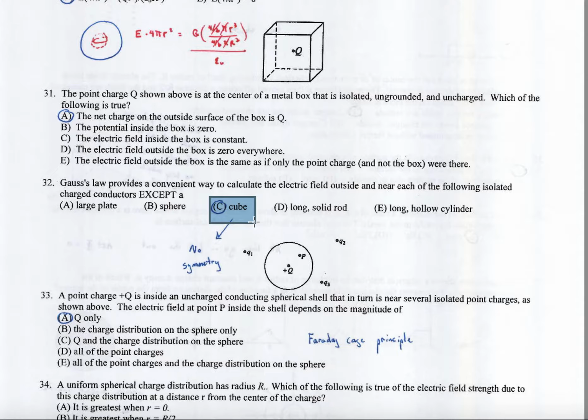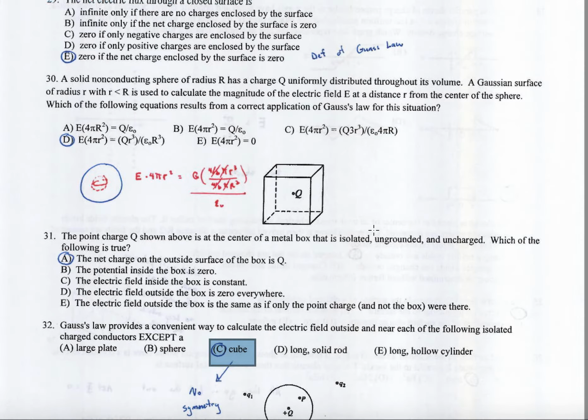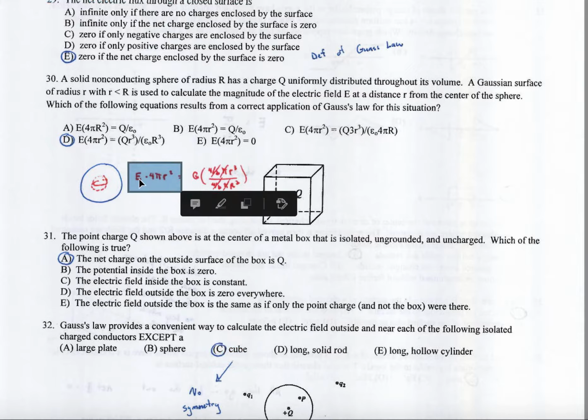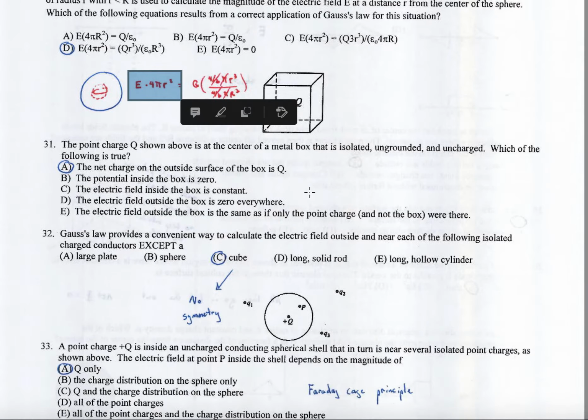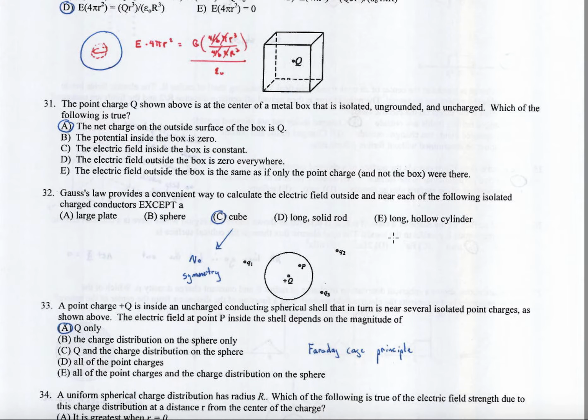Since the E field isn't constant on your Gaussian surface, it's not useful. Again, the integral only simplifies when you can take the E field out of the integral, and then you're left with integrating dA, which is just the surface area. But there's no way you can create a constant electric field on your Gaussian surface with a cube.